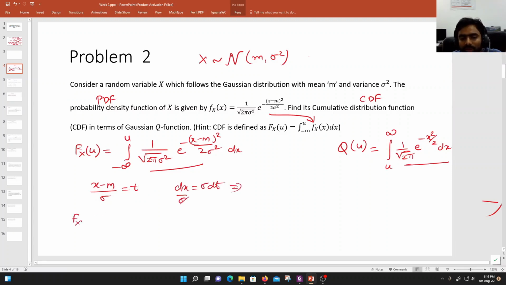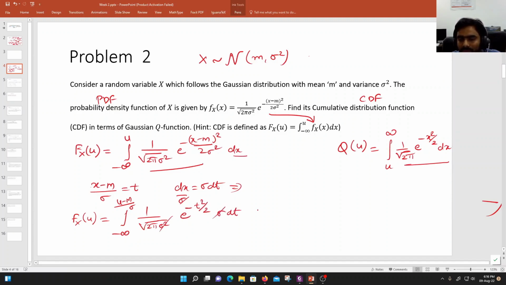So f of x of u equals, limits: for the lower limit, minus infinity, it will be the same, and for the upper limit, in place of x we will put u, so u minus m by sigma. 1 by under root 2 pi sigma square, and e raised to power minus t square by 2, and in place of dx we will put sigma dt.